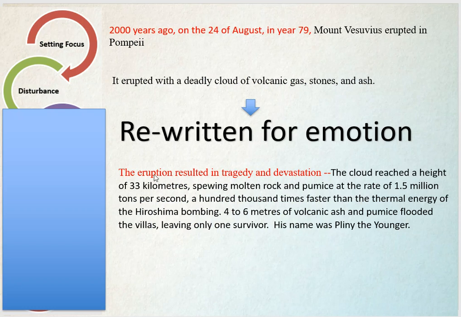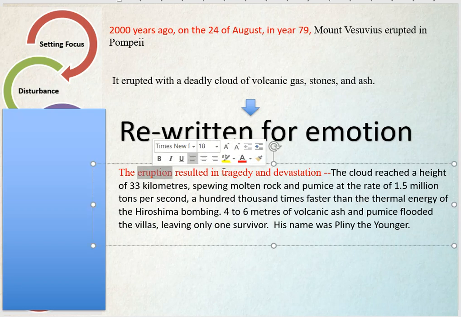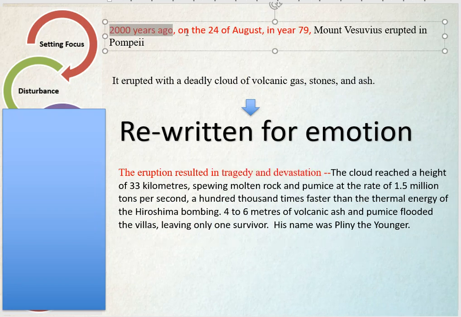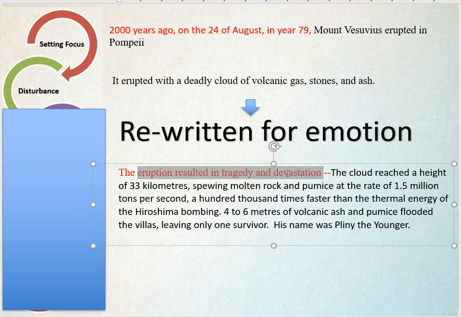So the eruption of the volcano resulted in tragedy and devastation. So what you're saying is, look, a long time ago, something happened, and that something was really a tragedy that resulted in devastation, right? So now you have people's attention, but not only that, you have their feelings, you have their heart, they're with you, they want to know more.